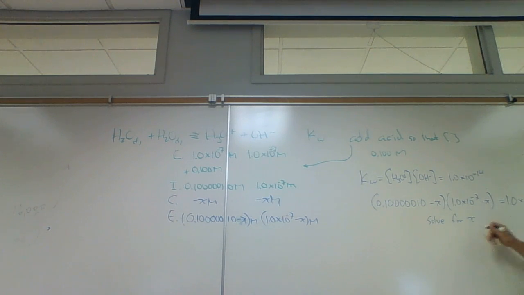Okay, 9.9 times 10 to the -8. That would be 0.99 times 10 to the -7.